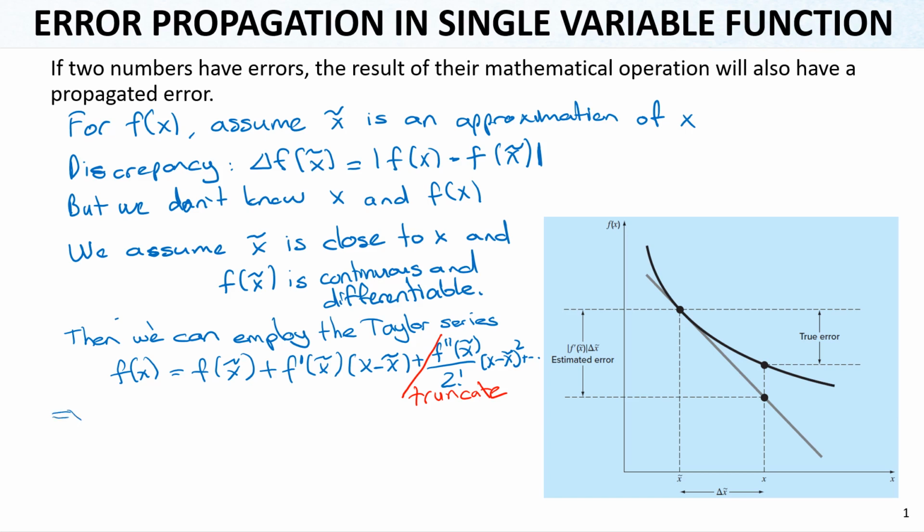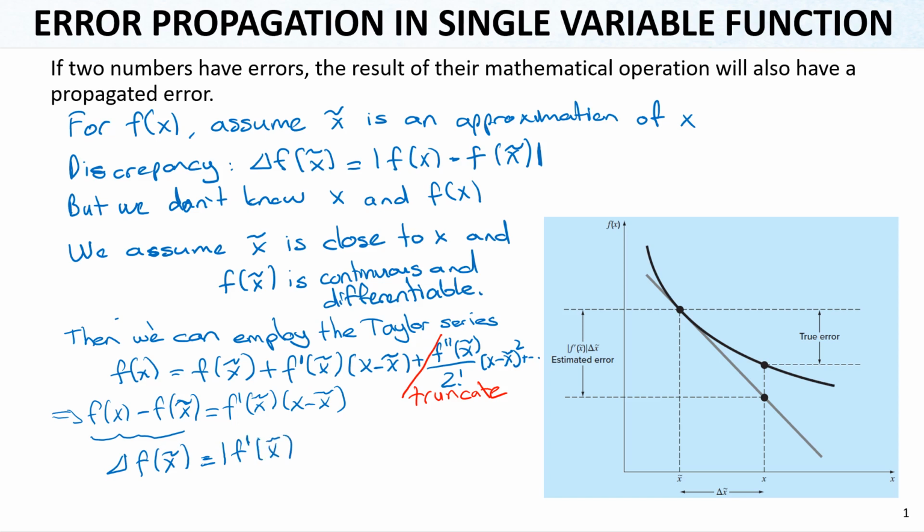Then we can have the difference of f(x) and f(x tilde) equivalent to simply f derivative at x tilde times x minus x tilde. Or this is now delta f(x tilde) equivalent to, here we can consider this in an absolute manner, absolute f prime of x tilde times delta x tilde.